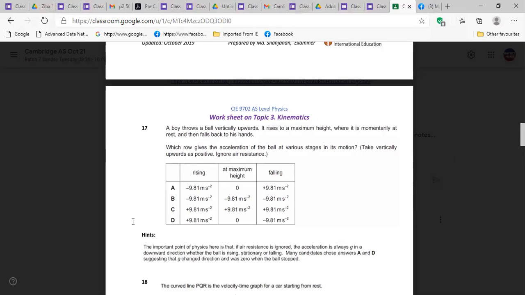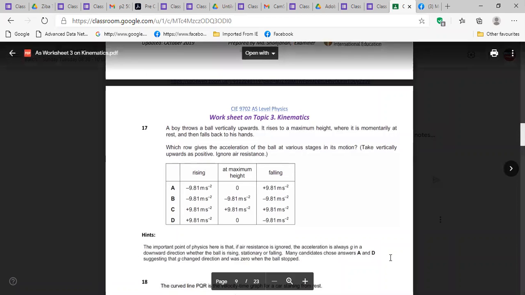That report discusses some difficult questions where the candidates had more difficulties. This question is also one like that, and the principal examiner's report is added here.